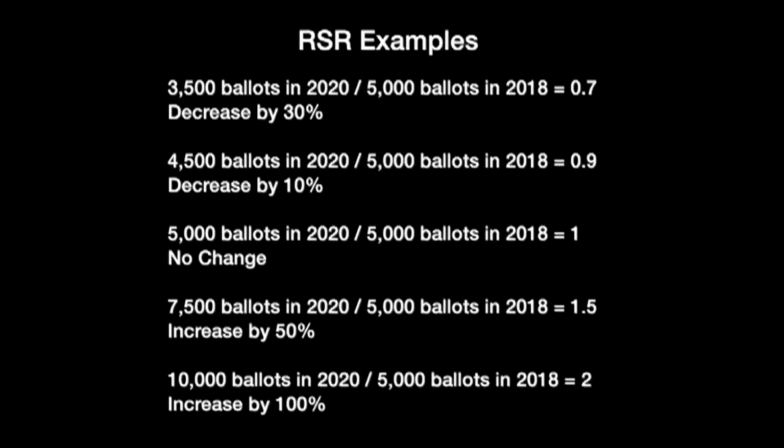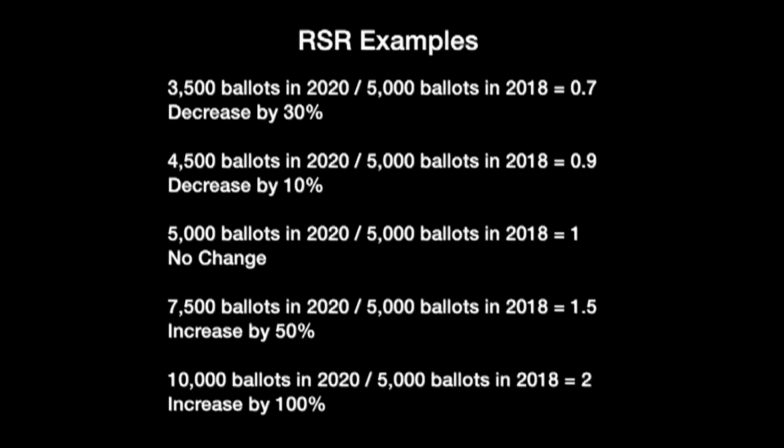In the next example, we have 5,500 ballots that were obtained in 2020 divided by 5,000 ballots in 2018, and this will give you an RSR of 1.1, which is an increase in 10%. Next example is 7,500 ballots obtained in 2020 divided by 5,000 in 2018 will give you an RSR of 1.5, which is an increase in 50%.